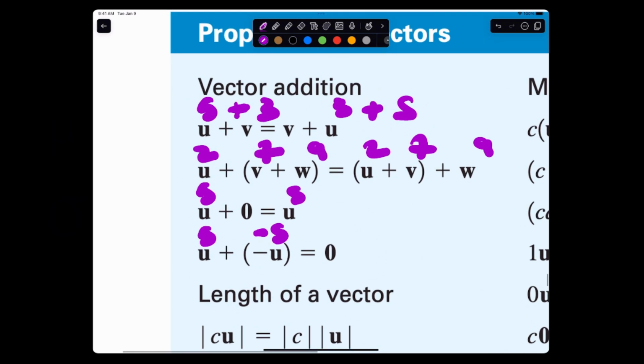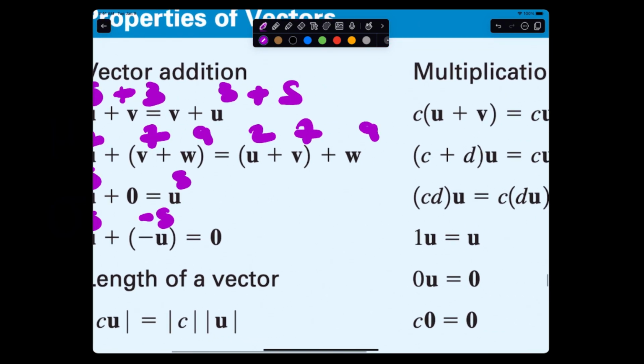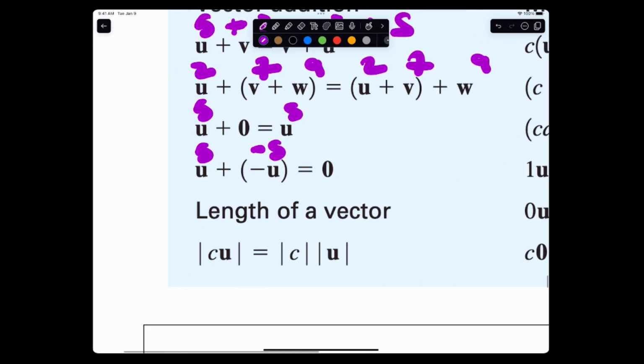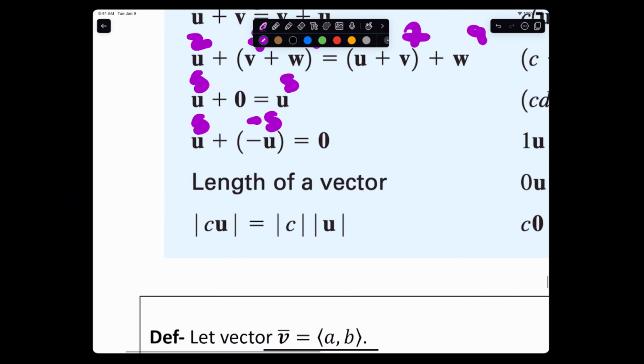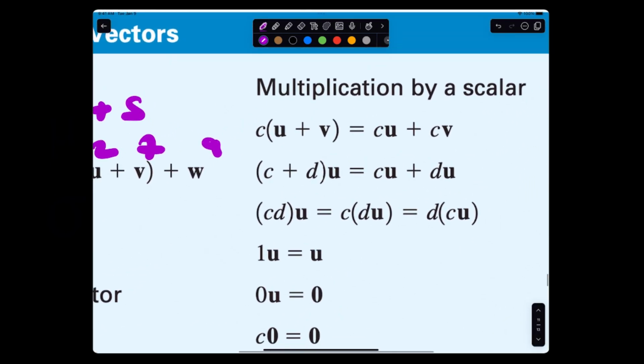So the properties that you guys know and love associated with addition are really at play. That's all they want to say. And then you got some length of a vector here. If you take the magnitude of cu, then that's the absolute value of c times the length of u. I usually prove that. I won't do that today because of time. And then you have some properties for multiplication by a scalar. So these are properties that work with numbers and vectors.